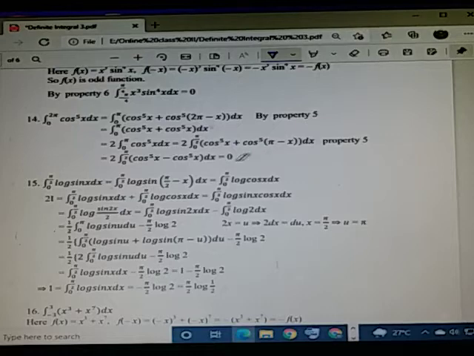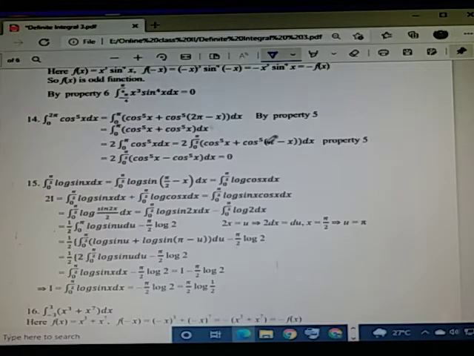Next, again we are breaking this one: 0 to pi, we write as 0 to 2 into pi by 2. Again we are applying property 5. So this is 2 into the integral from 0 to pi by 2 of cos to the power 5 x plus cos to the power 5 of pi minus x. Here twice a is pi, so a is pi by 2.